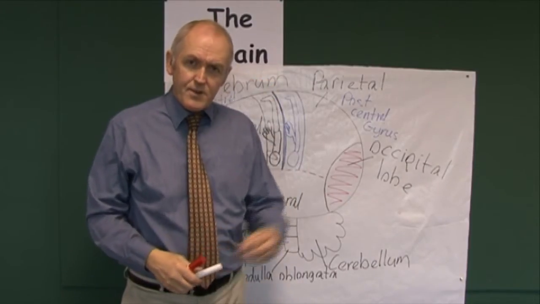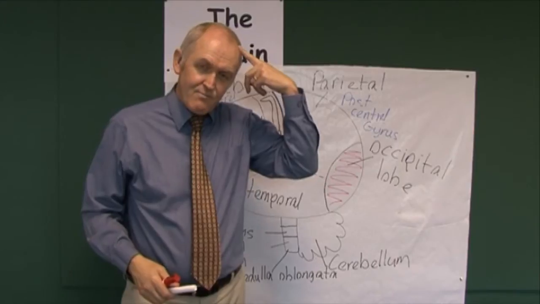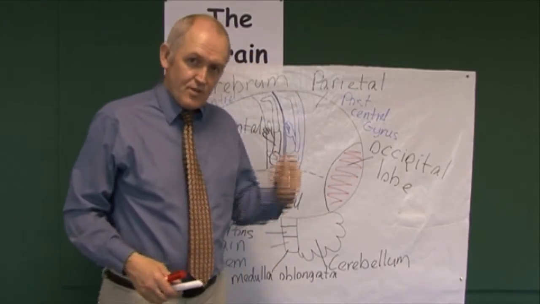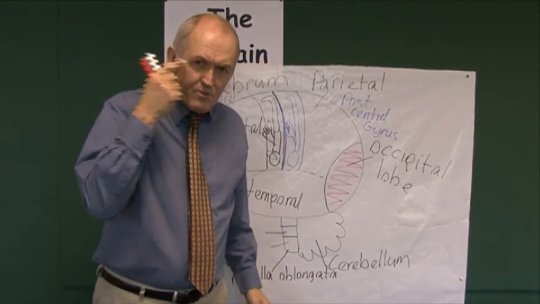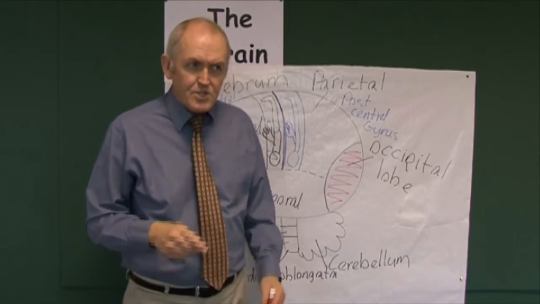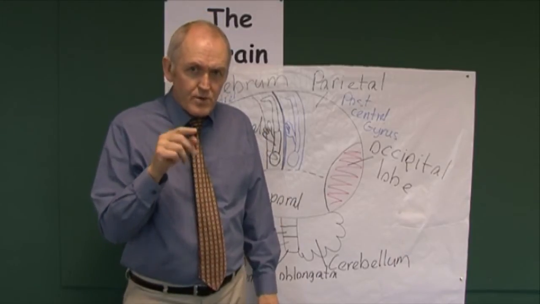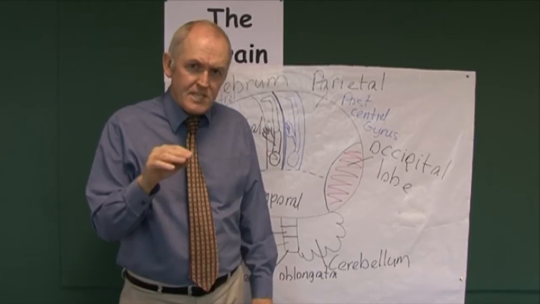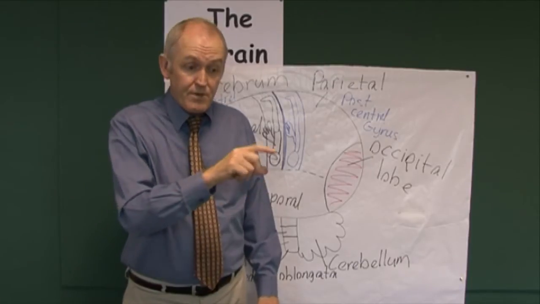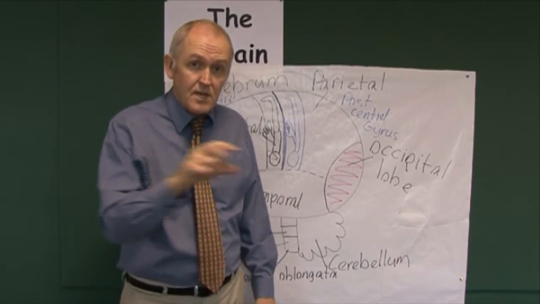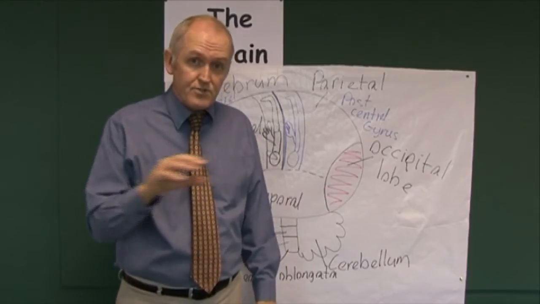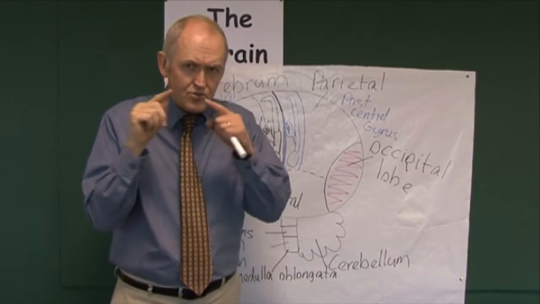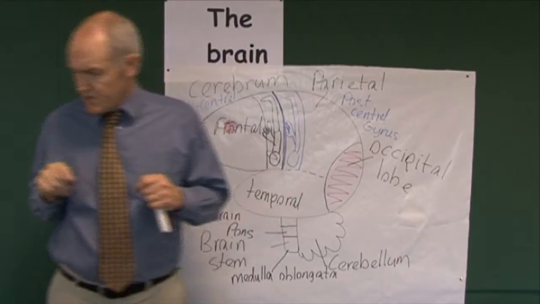The frontal eye field in my left cerebrum, in the frontal lobe, is controlling the movement of my right eye. And this allows us to put our eyes anywhere we want to. We can look at whatever point in space we want to look at. For example, when you read across a line of script in a book, when you read across the words, it's your frontal eye fields that are controlling the movement and the position of the eyes.